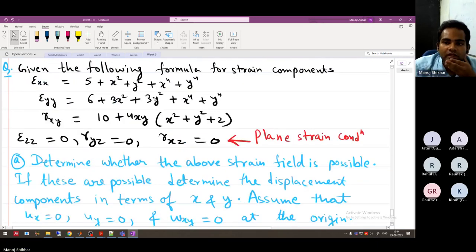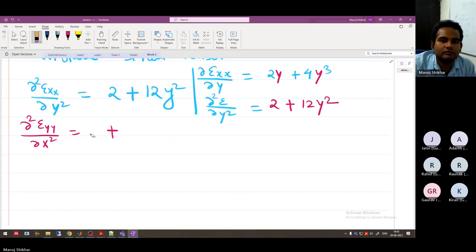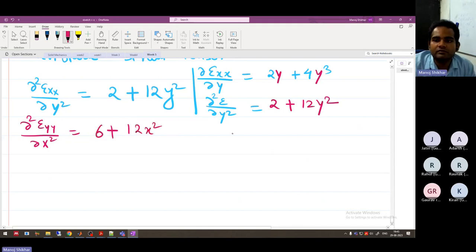Any term dependent on only y or constant will vanish because we are differentiating with respect to x. The only contribution will come from 3x square and x to the power 4. From 3x square, we will get 6, not 12, plus 12x square.